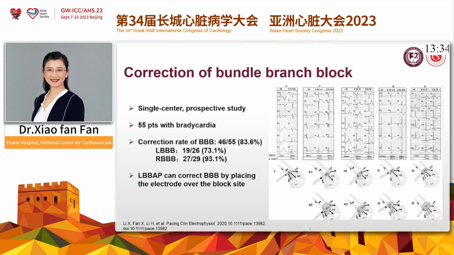In this study, we investigated the correction rate of bundle branch block, including left bundle branch block and right bundle branch block. We can see LBBAP could correct left bundle branch block, and also right bundle branch block.